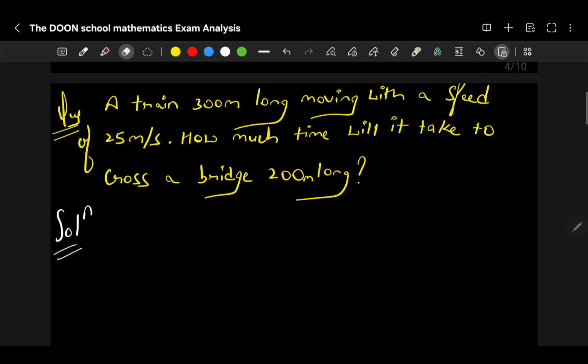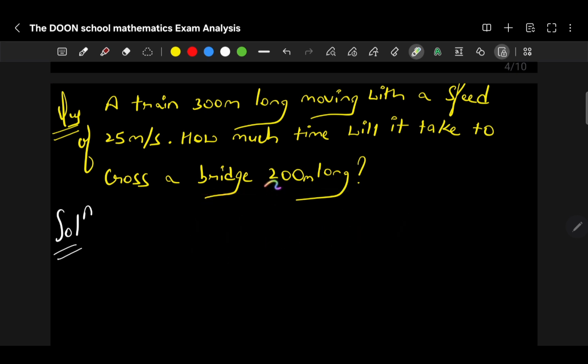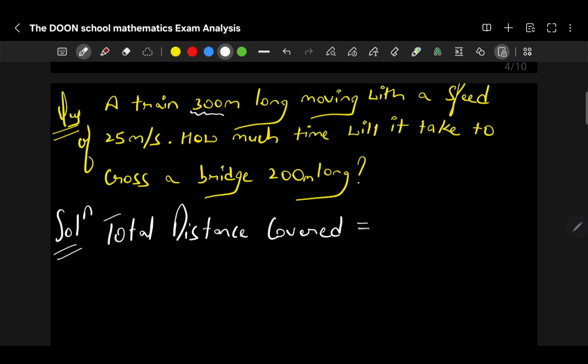But when a train crosses an object of considerable length, like a bridge, a platform, or a tunnel, we take that length into consideration. In that case, the total distance covered is equal to the length of the train plus the length of the object that the train is crossing, that is 200 meters.